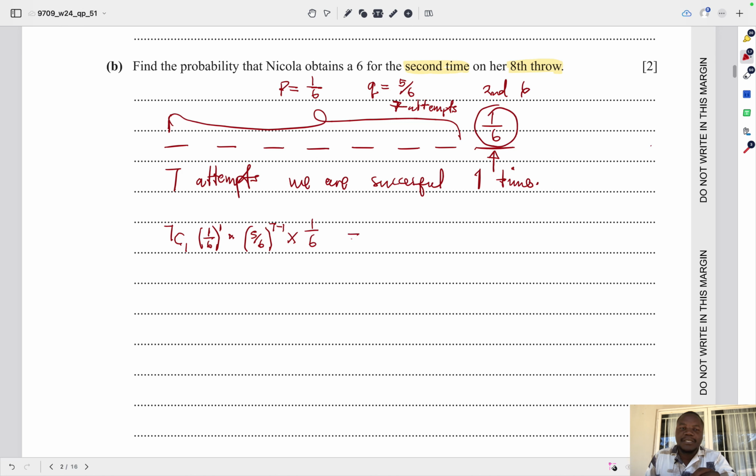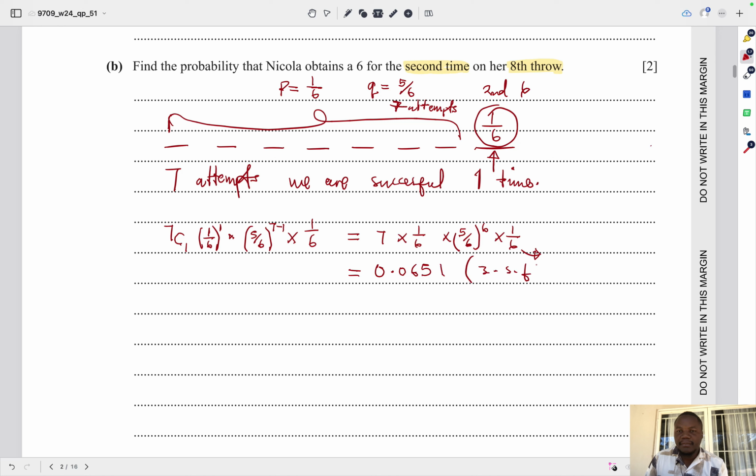So here we just need to check that 7 choose 1 is 7, times 1 over 6, times 5 over 6 to the power of 6, times again 1 over 6, which is the 8th attempt where we obtain a 6. If we do this, we just need to punch it on our calculator again. The answer to this question is 0.0651 to 3 significant figures.